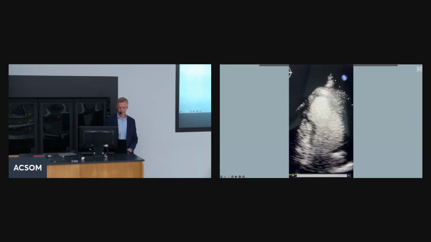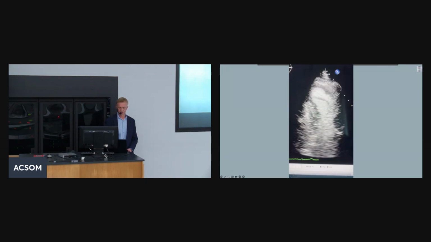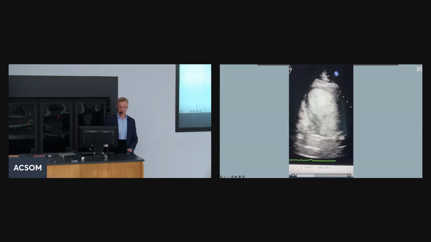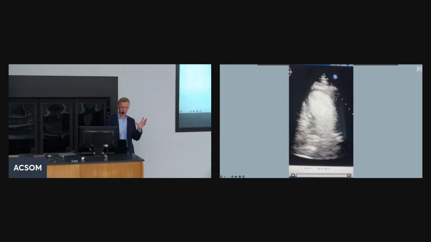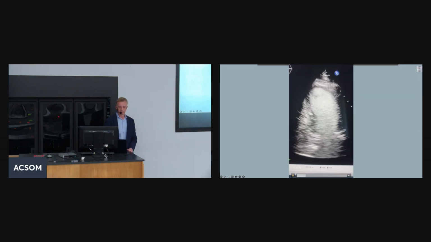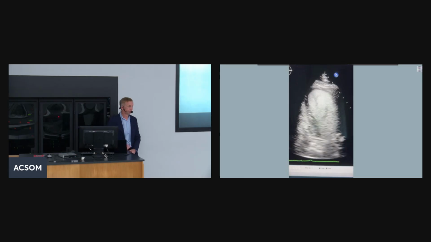I'll show you another view. This is a different view, and again, you see the walls here are squeezing in systole, but the apex, which is this part, does not move. So what do you think is the problem?